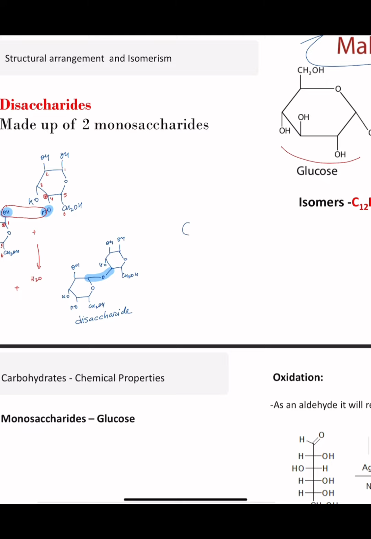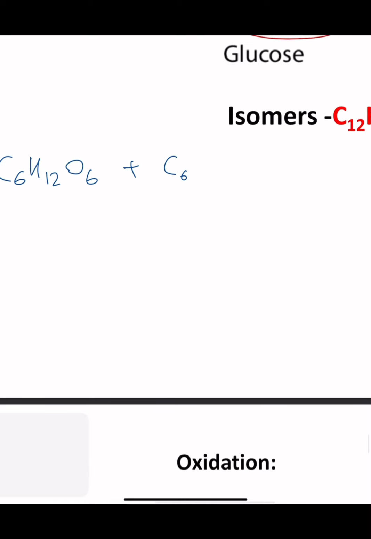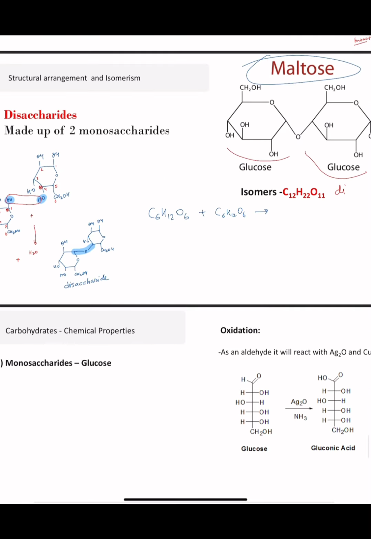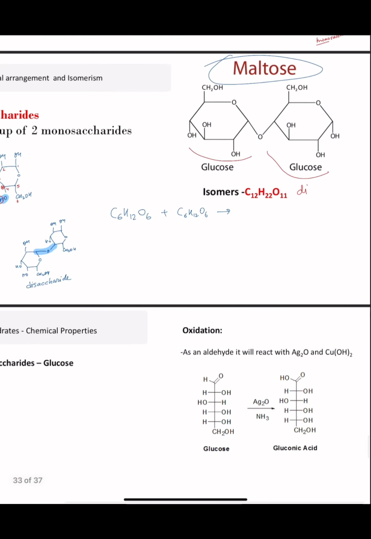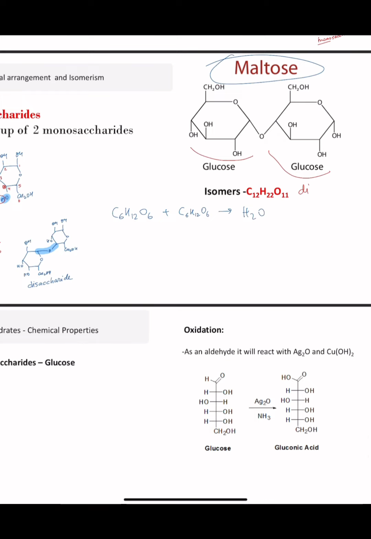And if you would do the calculation, you would see that. So I combine one glucose with another one, C6H12O6, because I removed one water, right? If you add them up, 6 plus 6 gives you C12.